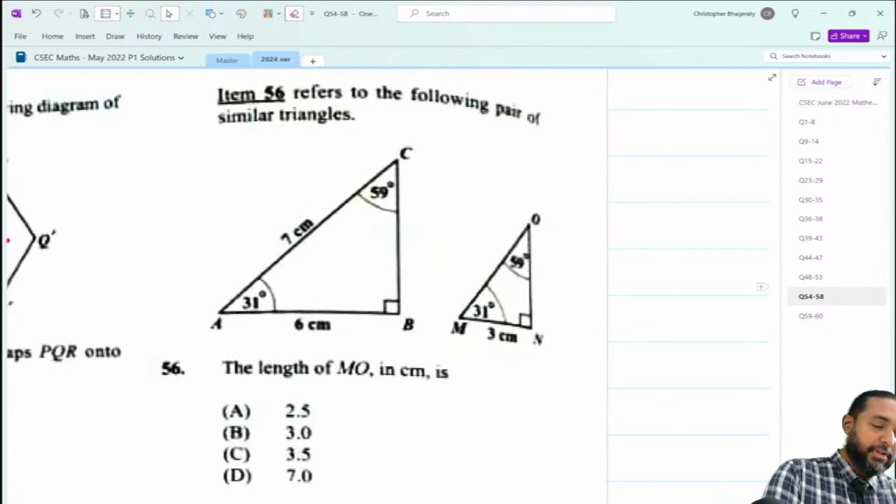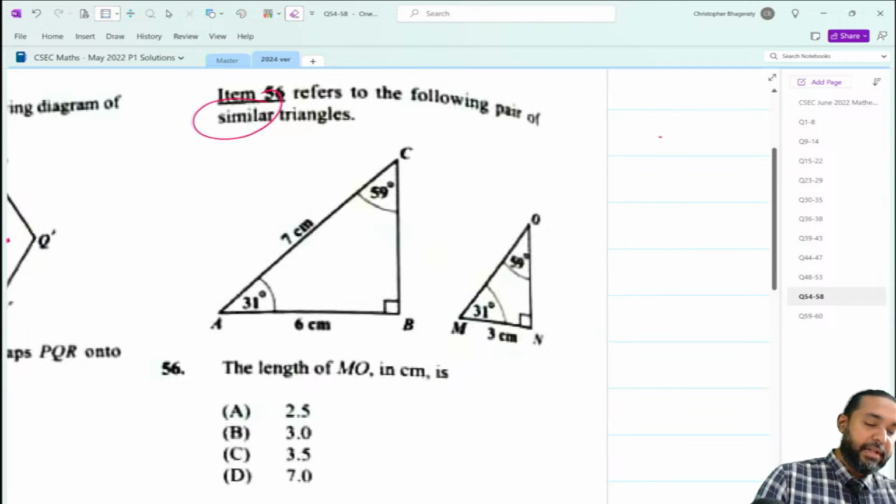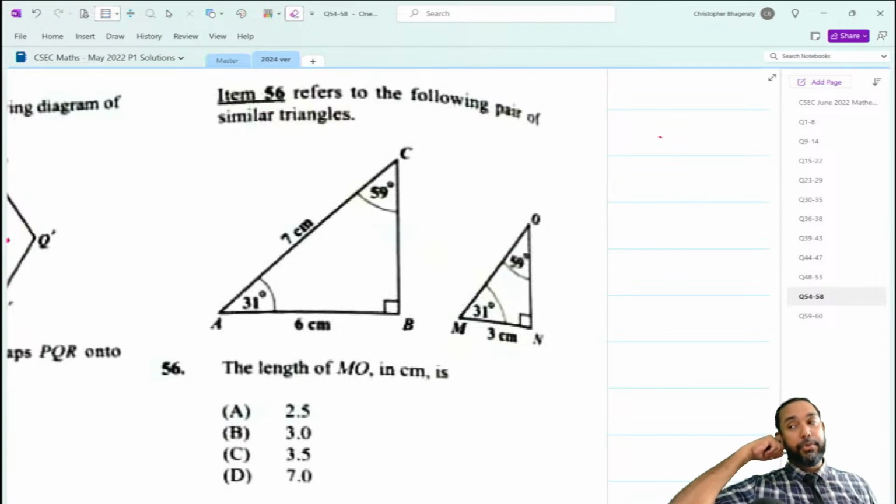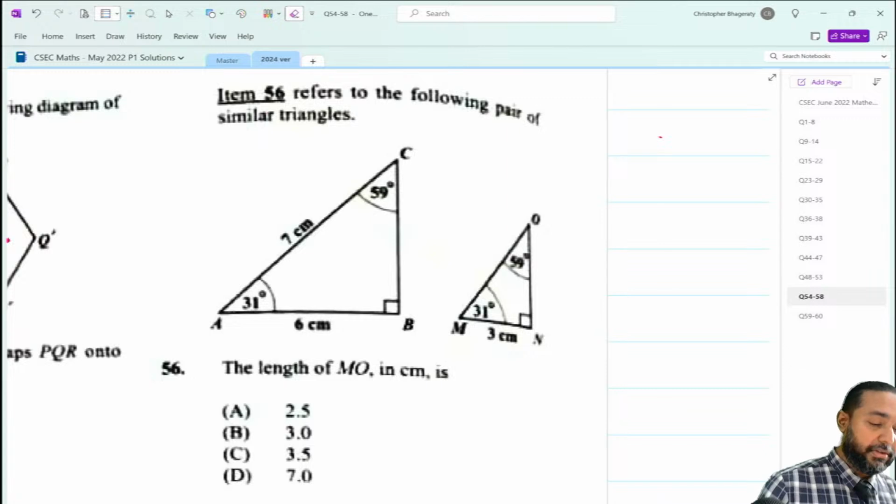Okay, right. Similar triangles. What are similar triangles? They are triangles that, while they have different corresponding lengths, have the same angles. And what that means is that the corresponding lengths are connected by a scale factor, right?